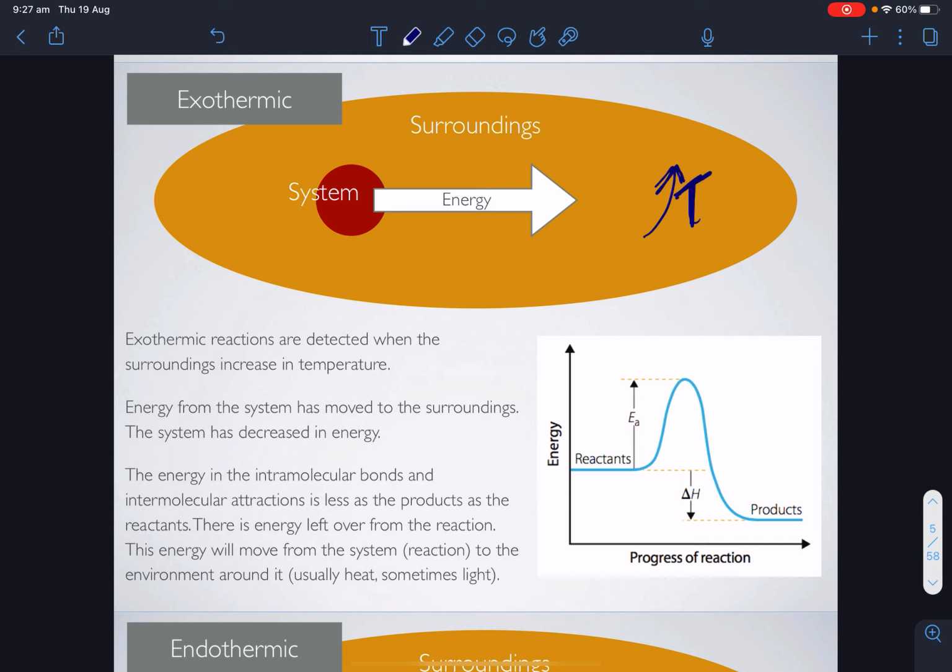Capital T, big capital T. So that means energy has come out of the system into the surroundings, okay? If energy has left the system, the system has lost energy, and the products now sit at a lower energy, okay? So energy's moved from the system and moved to the surroundings. The system has decreased in energy, okay?